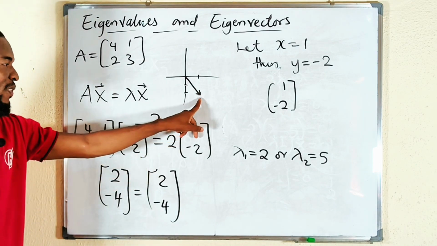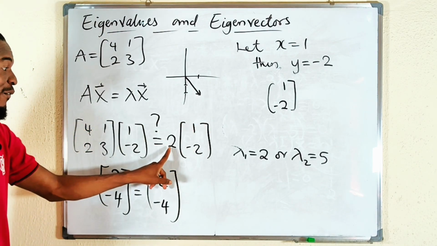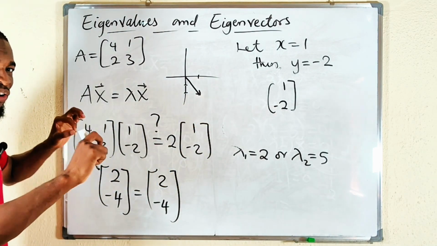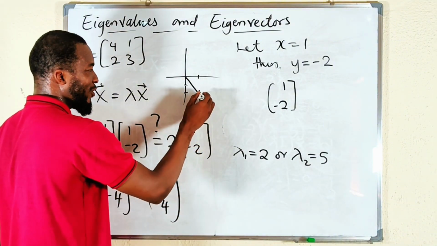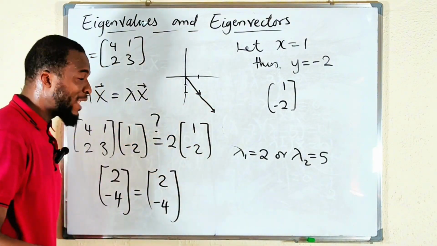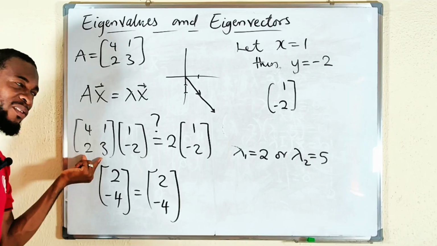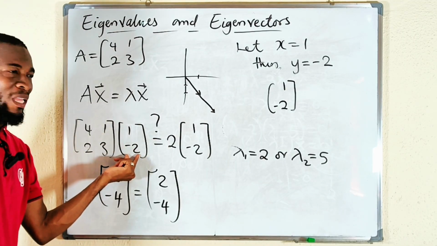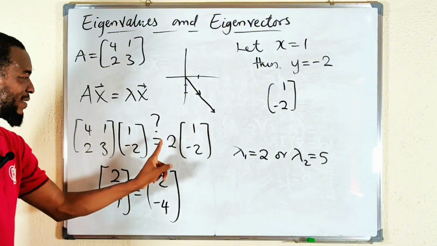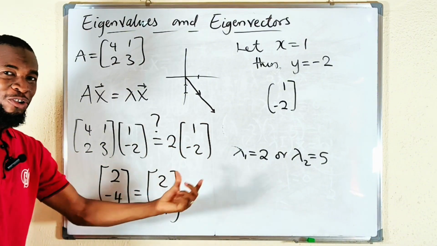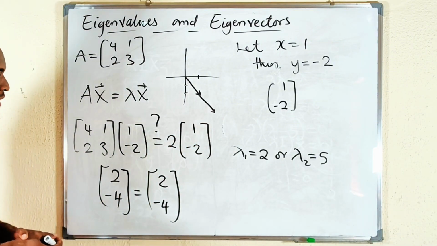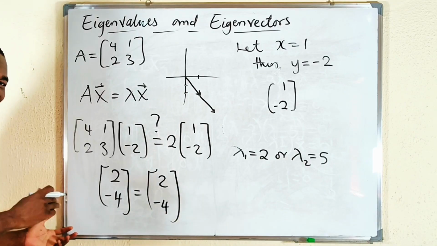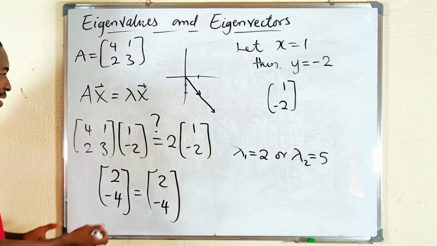To transform this using a scale factor of 2, it is only going to stretch it by a factor of 2. Maybe it is going to reach somewhere here. You understand? So you can use this matrix to transform this particular vector and you're going to get the same thing. Instead you can use this scale factor to transform it. They are the same. That's literally what this is telling us.